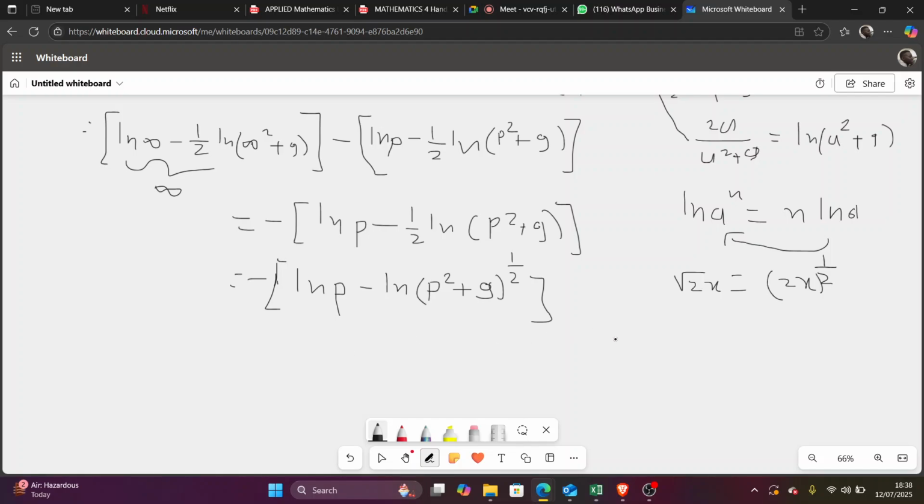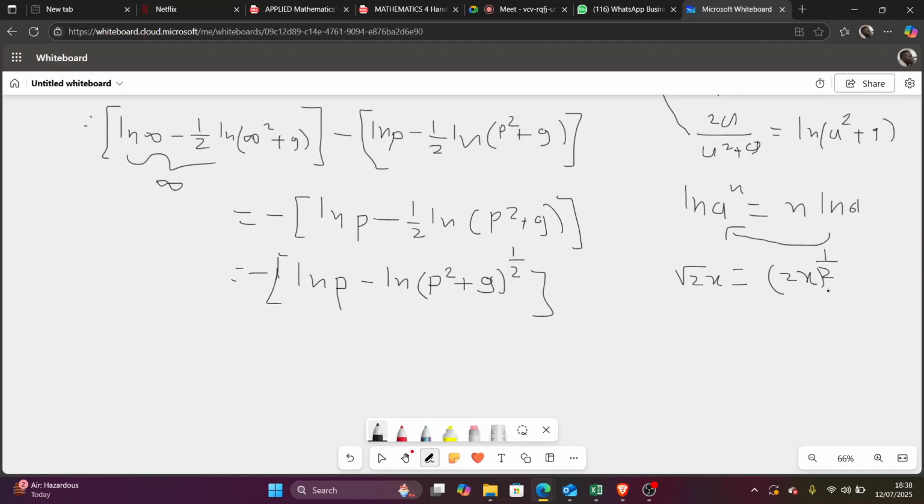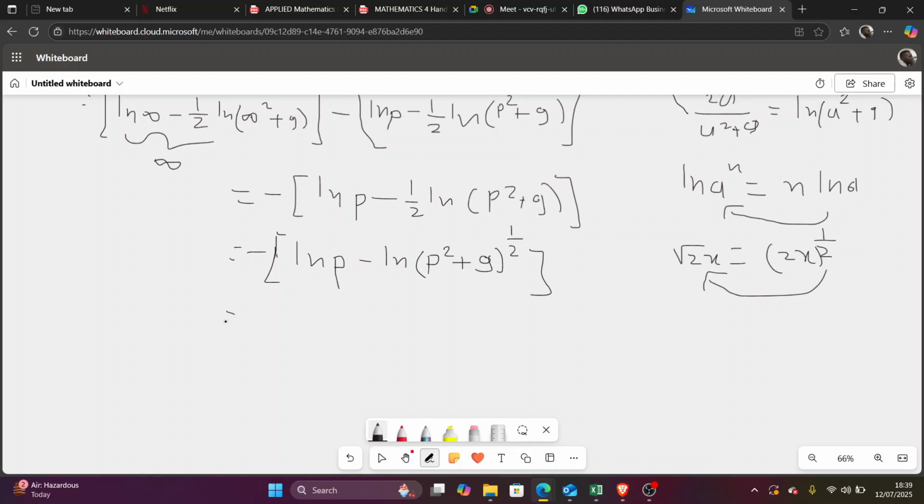So what we're going to do now, we are moving from this to this identity. I'm showing you the identity, so I'm just changing this to this identity. So what I have here is minus ln of p minus ln of the root of p square plus 9.